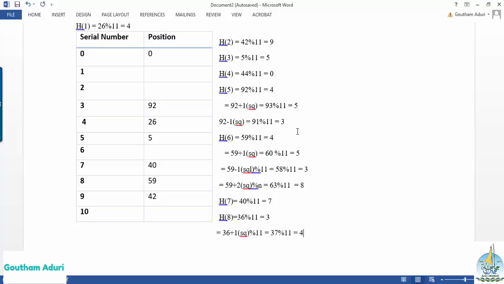The fourth position is also a collision, so now I have to subtract. 36 minus 1 squared is 35 mod 11. 11 times 3 is 33, so it's 2, the second position. So 36 is going to come in the second position. Next comes h(9).